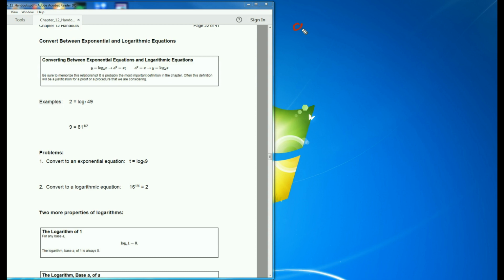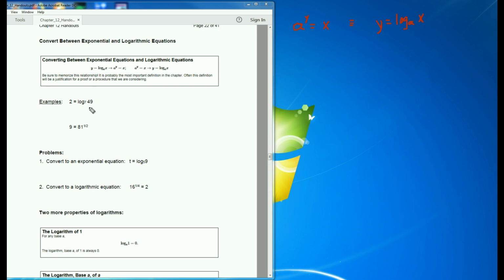If we have a to the y equals x, then that is equivalent to, the same thing as, y equals log base a of x. This is the relationship that we're going to use to convert back and forth between logarithmic and exponential equations.